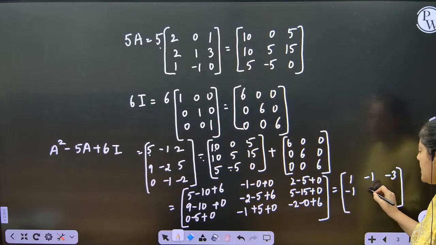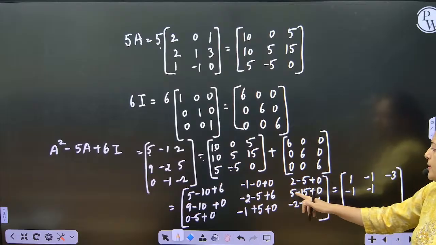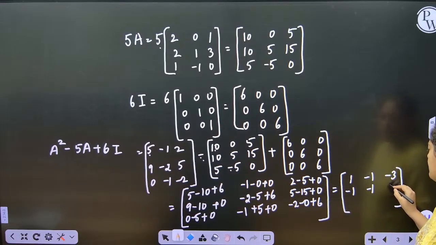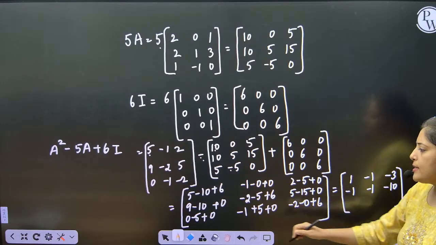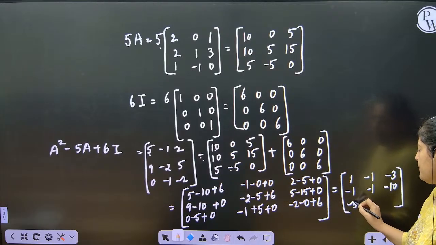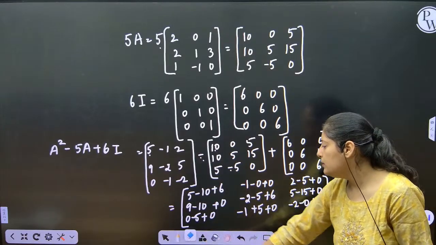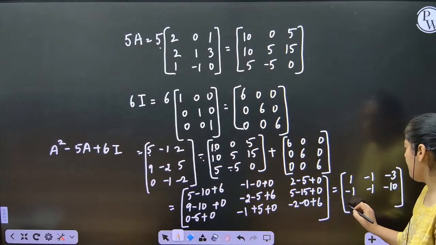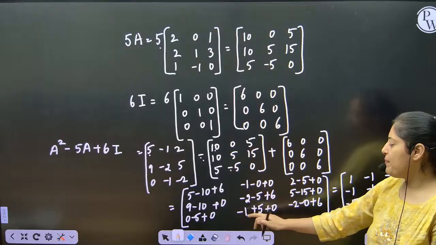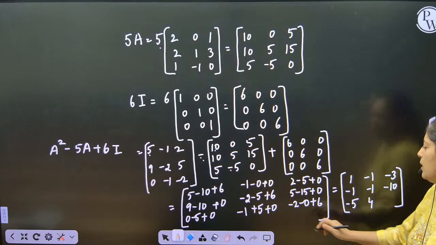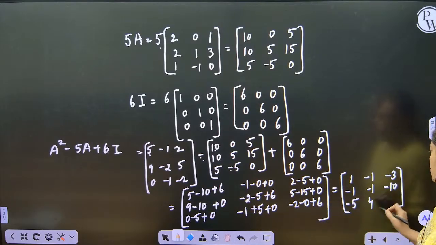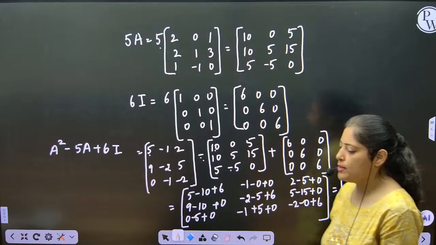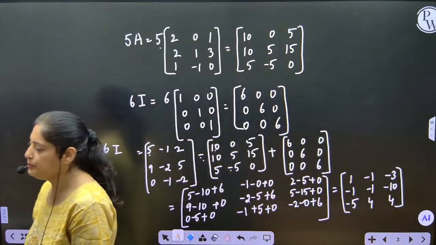Minus 7 plus 6 is minus 1. 5 minus 15 is minus 10. 0 minus 5 is minus 5. 5 minus 1 is 4. 6 minus 2 is again 4. So this is my answer.